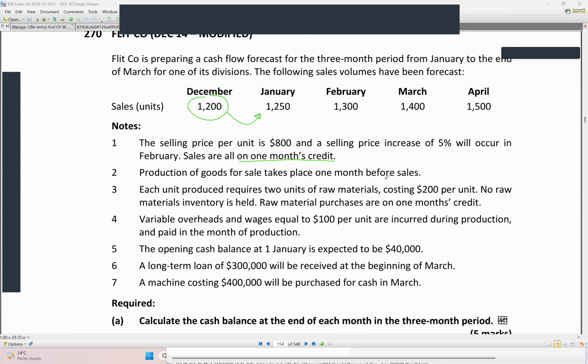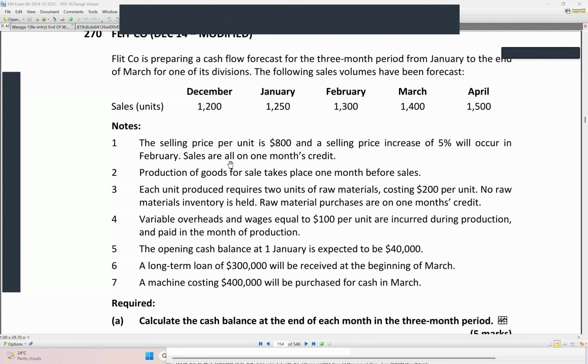It means that the goods that are sold in January will have been produced in December. And this is how much will have been incurred: 200 per unit. And we shall have bought it on 1 month credit, so we shall pay that in January. Variable overheads are paid in the month of production, which is the previous month.